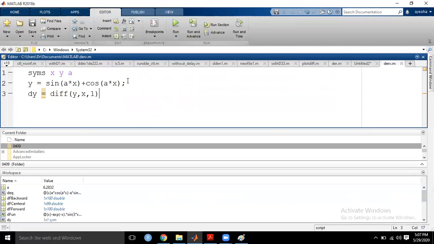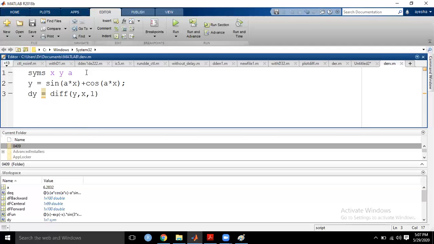I want to find its derivative using MATLAB. I know that I can find the derivative analytically, but I want to find it using MATLAB. For the first order derivative, I will write 1. I want to differentiate the function y, so I will write y, with respect to x, d by dx, so I will mention x.